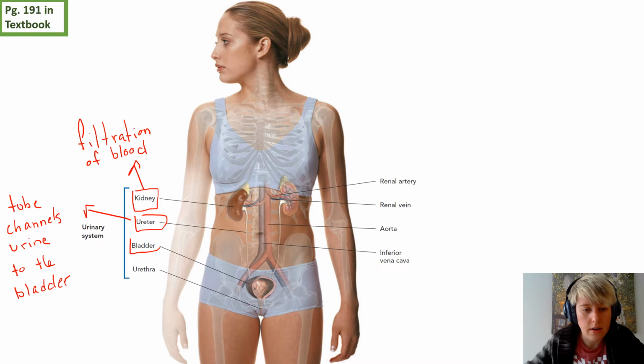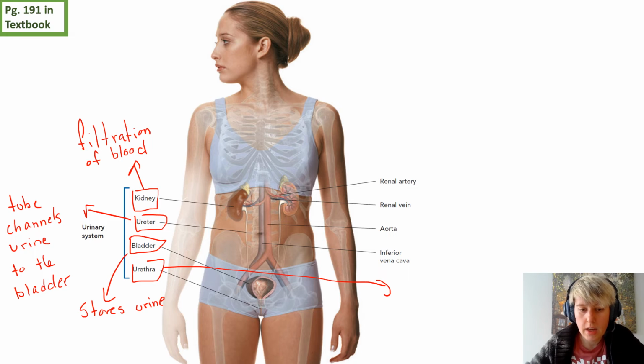The bladder basically stores the urine until there's enough to urinate, and the urethra is basically the tube where urine exits the body.